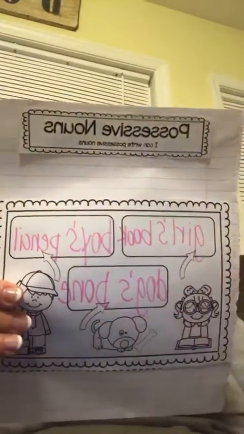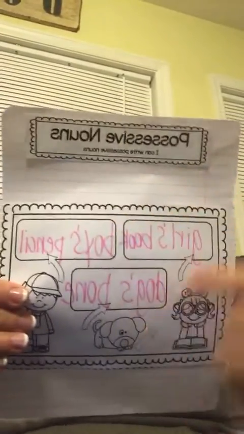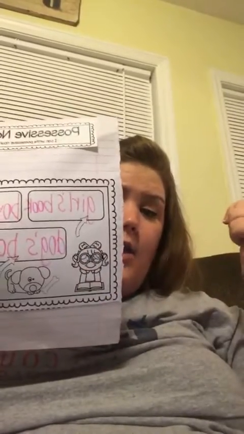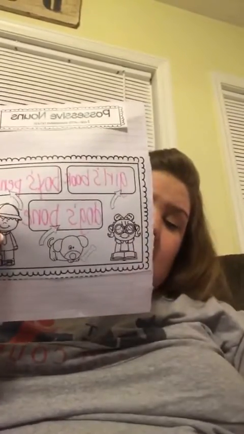These words, girl's, dog's, and boy's, those three words are possessive nouns because they own the book, the bone, and the pencil. Because we added an apostrophe S, the reader knows that that book belongs to that girl, that bone belongs to that dog, and that pencil belongs to that boy, because we added apostrophe S to the end of our words.